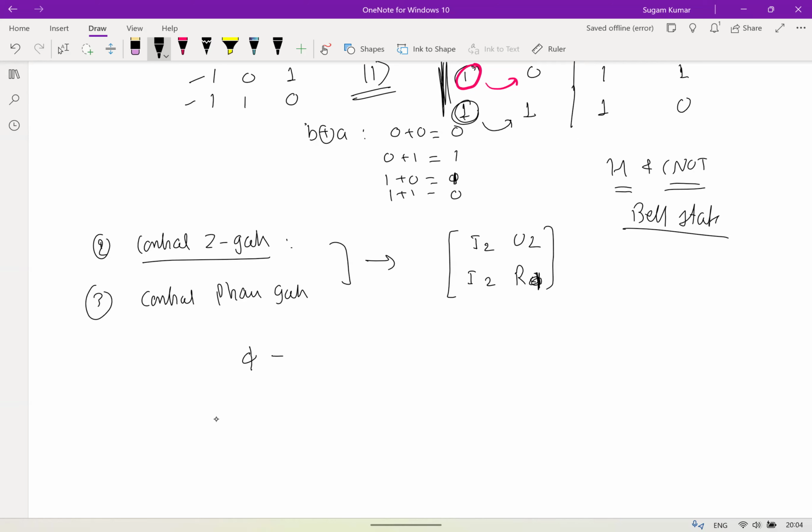And when this phi becomes pi, then this becomes a CZ gate. And when the phi is pi by 2, then this is going to become a C phase gate.